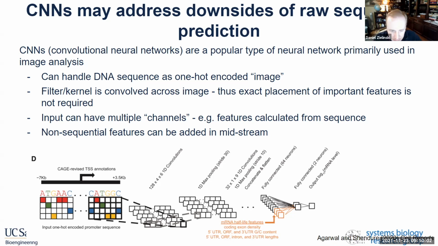And so we've started to use deep neural networks. I'm showing convolutional neural networks as an example, but we're playing around with different types currently, because they have an inherent kind of collapsing function themselves.